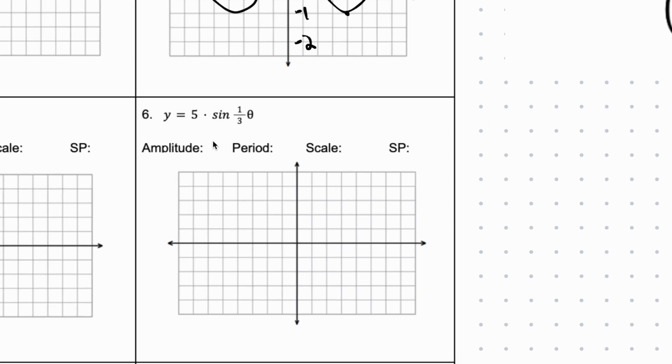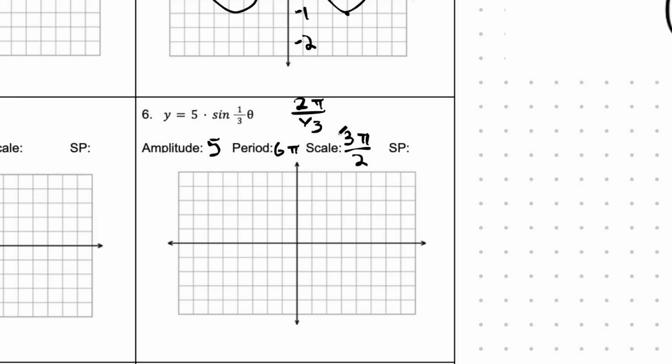Our A value is 5, so our amplitude is 5. Period is going to be 2 pi over 1/3. And this just comes out to 6 pi. And then our scale is going to be 6 pi over 4. That's going to simplify to 3 pi over 2.